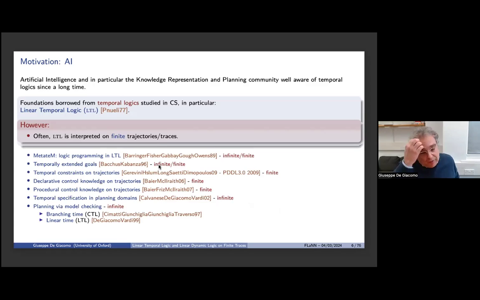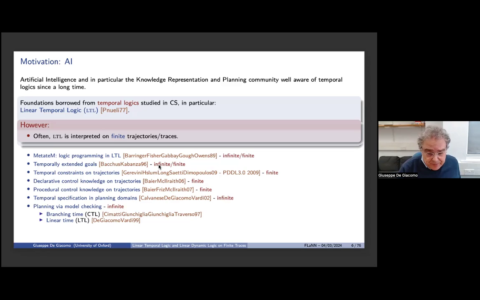The use of temporal logic on finite traces in AI has been present for a long time. If you scan the early papers, from the end of the 80s, the 90s, 2000, a lot of these papers are talking about LTL, but in a finite trace variant.